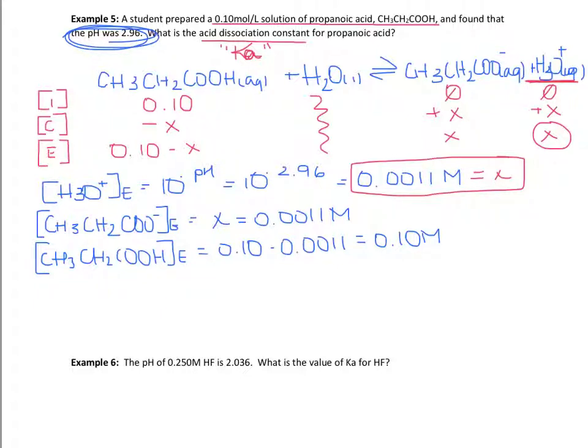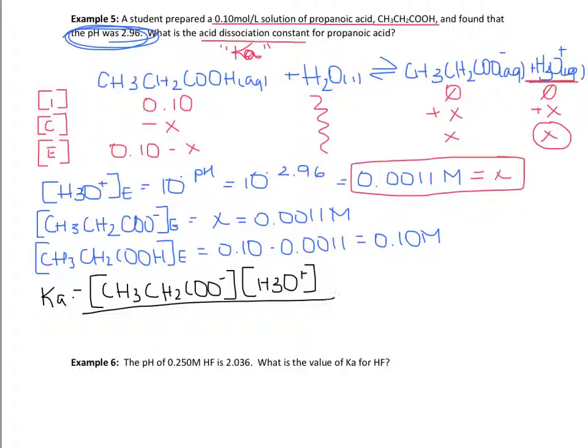Once you have all of your equilibrium concentrations, you can then set up your Ka expression. Remember that it's products over reactants raised to the power of the coefficient. Once you have your equilibrium expression set up, you can fill in the equilibrium concentrations.